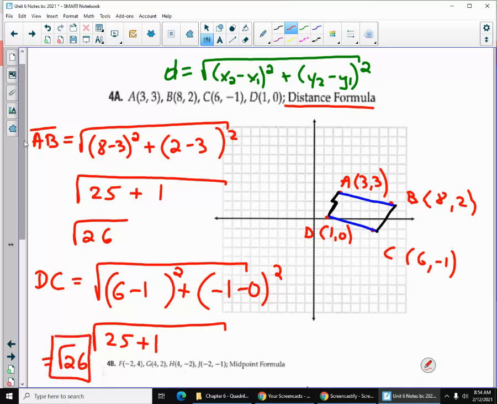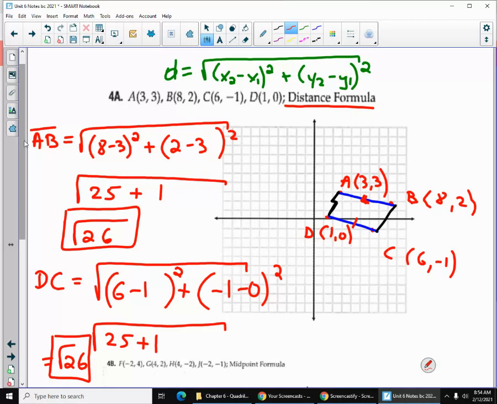So I have a pair of congruent sides. In other words, AB, this segment, is congruent to this segment. So the two blue segments are congruent.